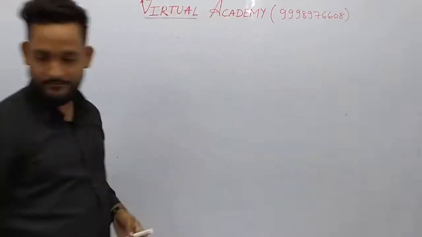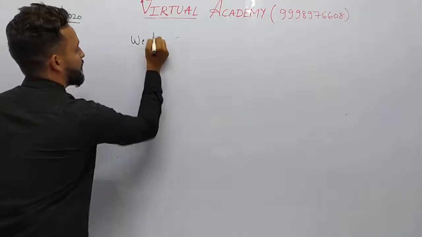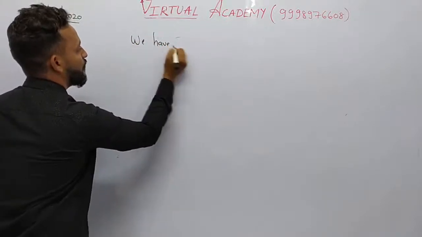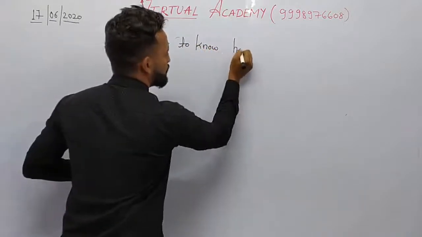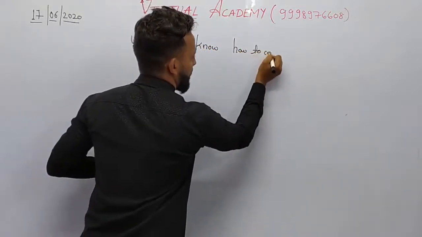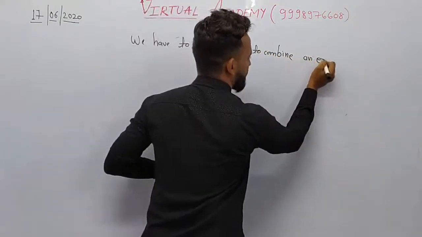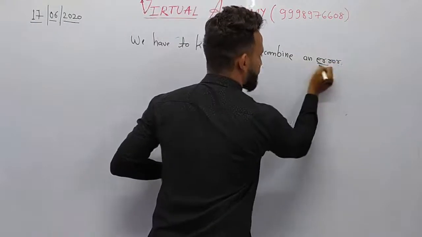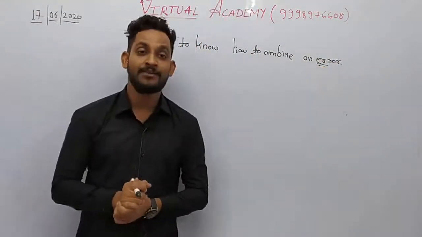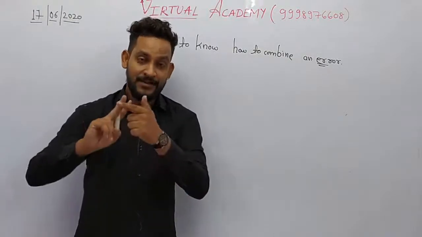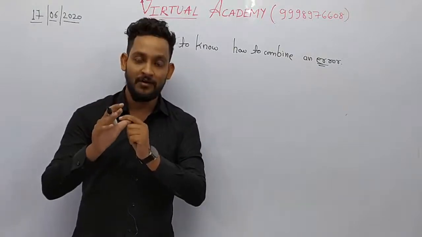Clear? So what did I say? In combination of error, we have to study 5 things: addition, subtraction, multiplication, division, and in terms of exponential term or power.